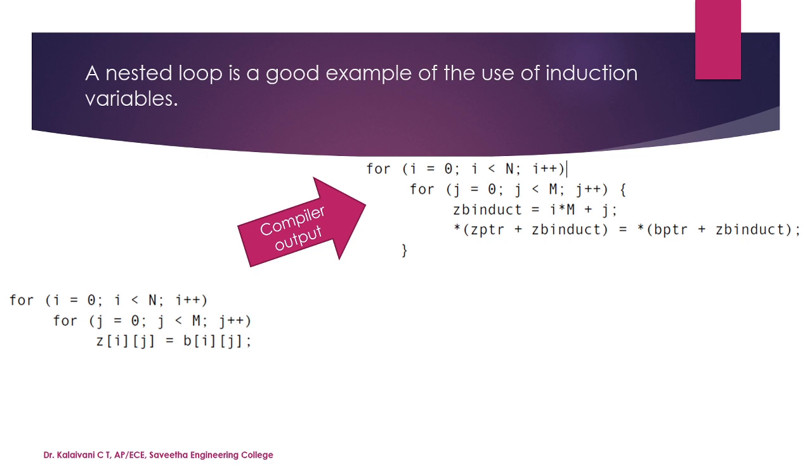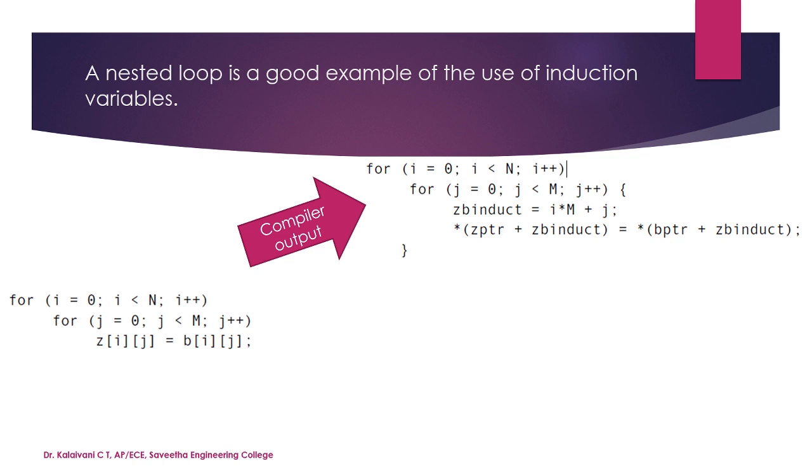Since it will be repeated n and m times, it will be repeated i into m plus j times. We are using an induction variable plus a pointer. The pointer will give the address location of Z plus induction variable, that will be replaced to the address location of B pointer plus induction variable. This is the code written by the compiler.